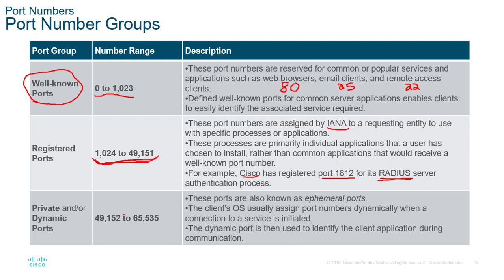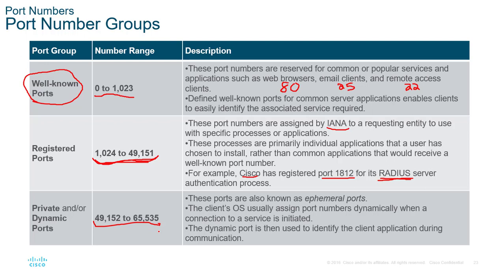Now, the client will identify its source port when it communicates with a server by using a random port number. It'll randomly select a port number, usually from the dynamic or private port range. These are called ephemeral ports, and they're dynamically chosen by the client during the conversation.